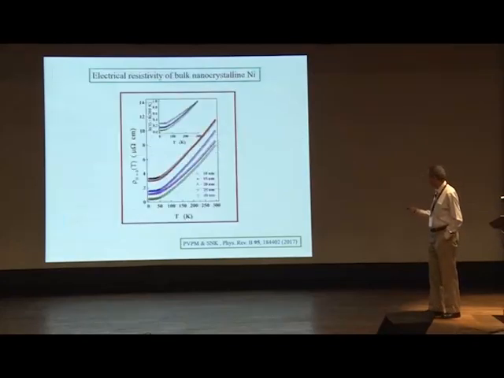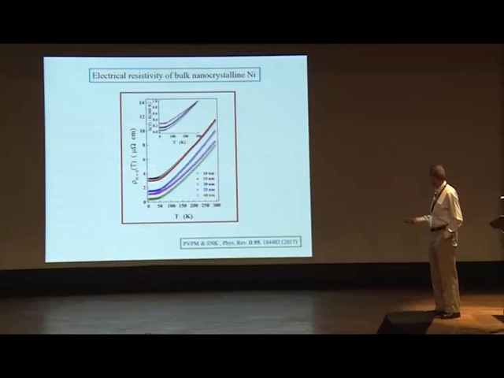As you can see, here I have given the average nanocrystallite size in nanometers, ranging from 10 nanometers to 40 nanometers.